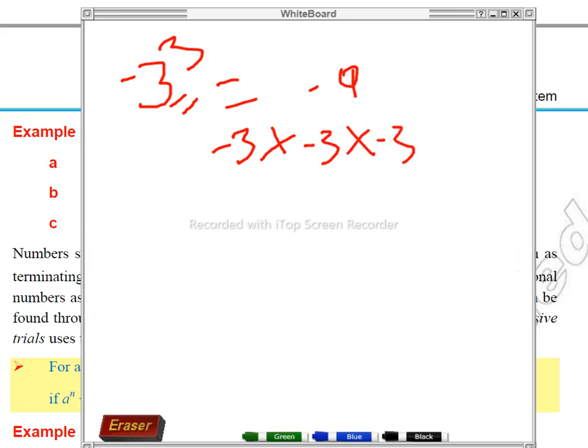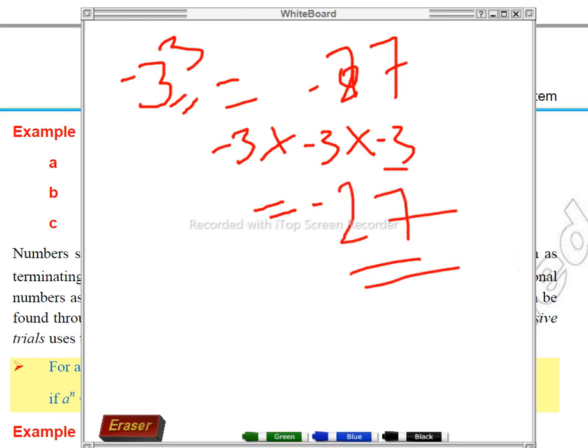Negative times negative is positive, positive times negative is negative. Negative 3 times negative 3 is positive 9, positive 9 times negative 3, positive times negative gives us negative, so negative 27.